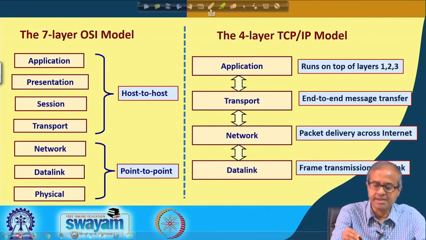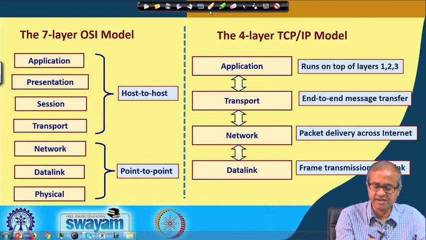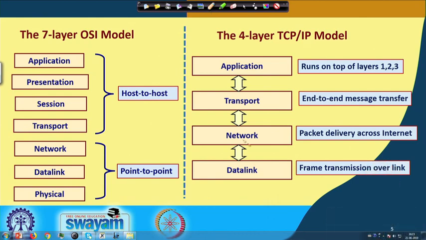Here you see the 7-layer model on the left and the 4-layer TCP IP model on the right. In the 7-layer model, as I mentioned, the lower 3 layers are the point to point layers and the upper 4 layers are host to host layers. Now, in the TCP IP, what they have done is they have simplified it, and all the upper 4 host to host layers they have integrated into a single application layer.